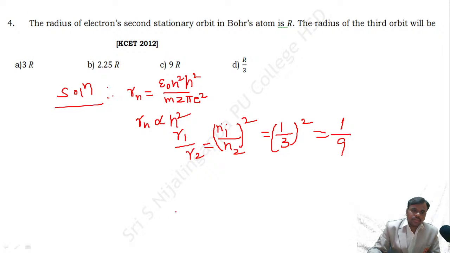But here we want to know the value of R2. R2 represents the radius of the electron orbit in third orbit. Therefore R2 is equal to 9R1. But here the given R1 is nothing but R. Therefore we write 9R.